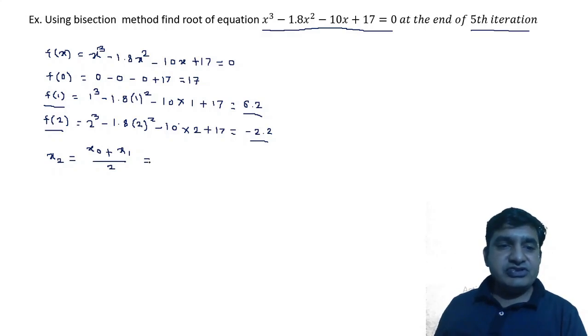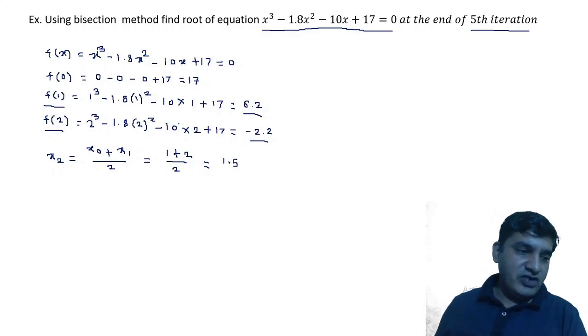Here this is considered as x0, this is considered as x1. So 1 plus 2 divided by 2. So the value of x2 is 3 upon 2, that is 1.5.